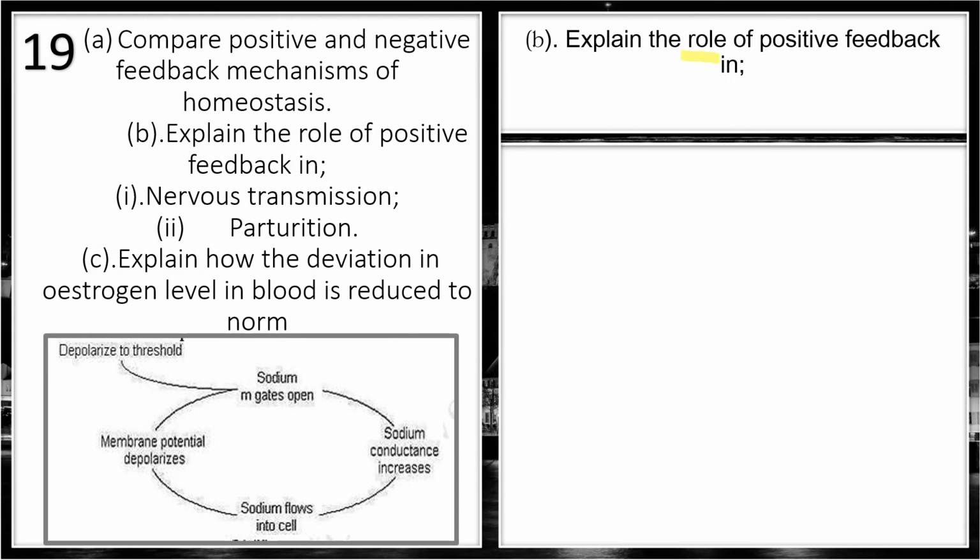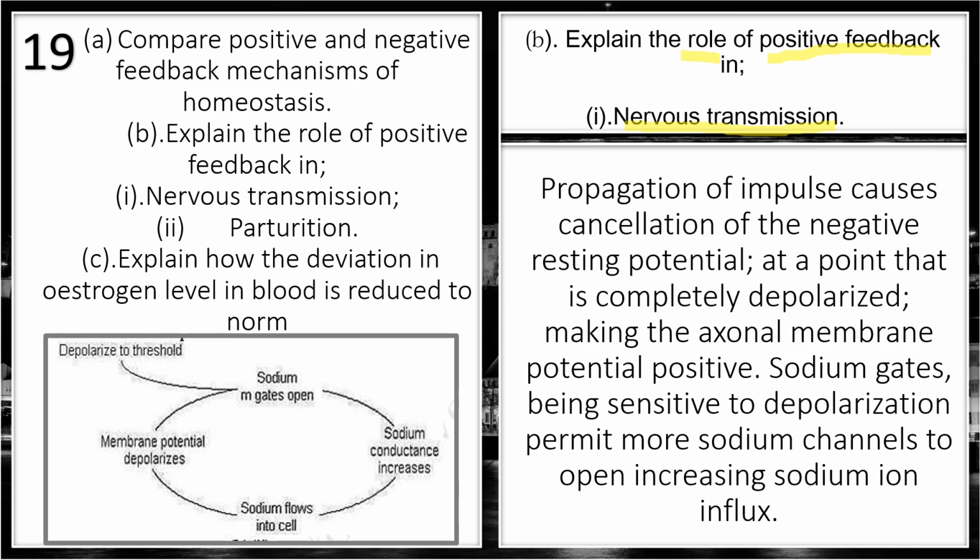Explain the role of positive feedback in Roman number 1, nervous transmission. Propagation of impulses causes cancellation of the negative resting potential at the point that is depolarized, making the axon membrane potentially positive.